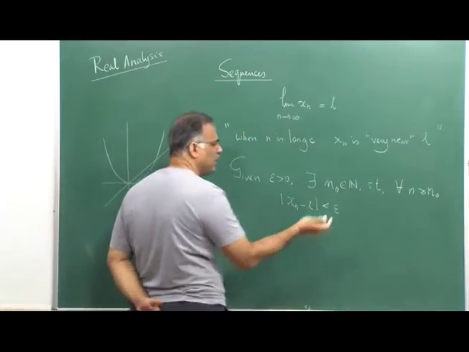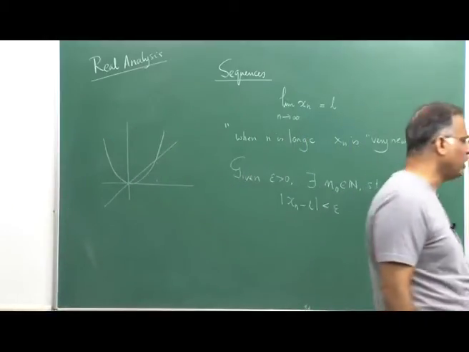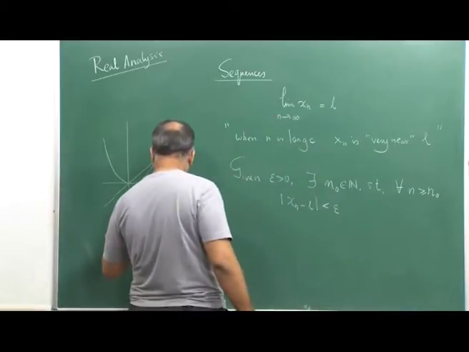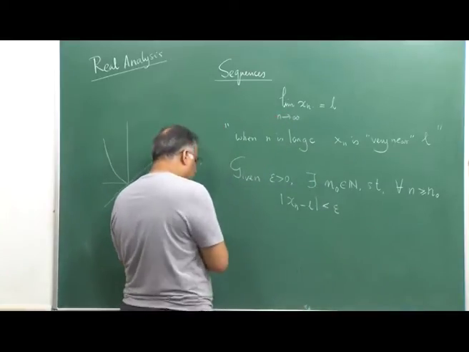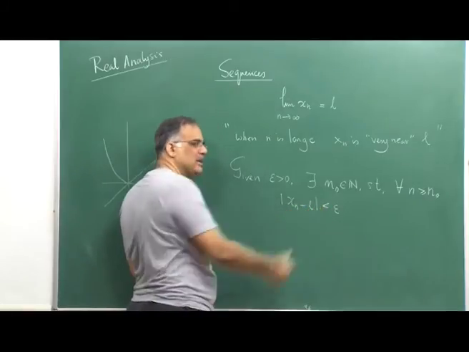That is exactly the meaning. For any given epsilon, this must be true. So, what it says is that you come up from x1, x2, up to x n naught, and after that whatever xn you take, the distance is less than epsilon.